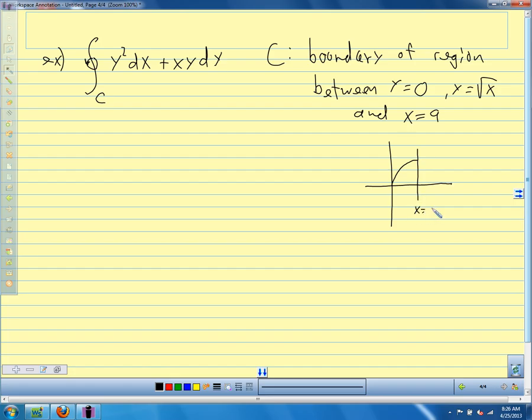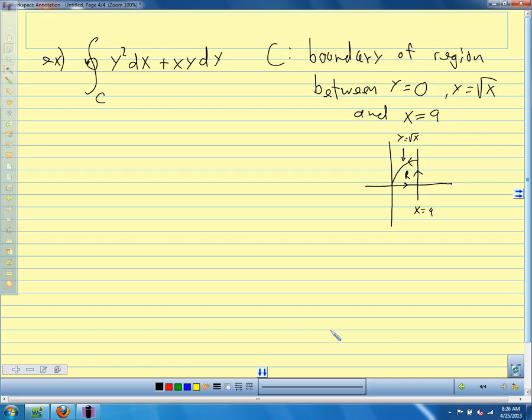So this is x equals 9. That's y equals the square root of x. So here's our region and our boundary. We're going to go counterclockwise around that curve.